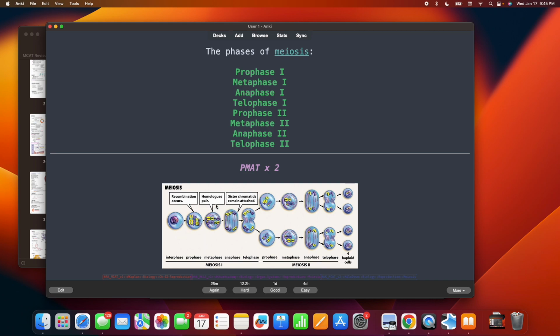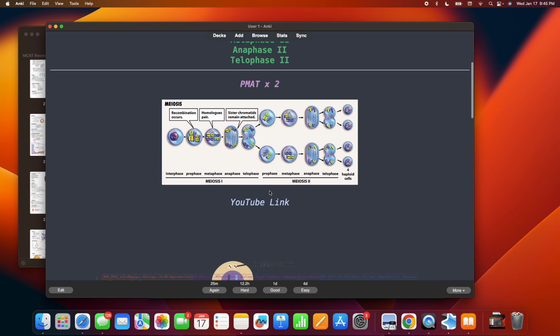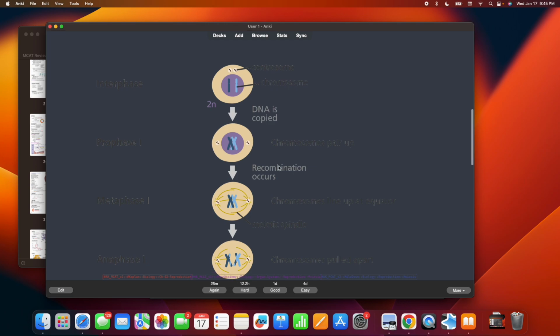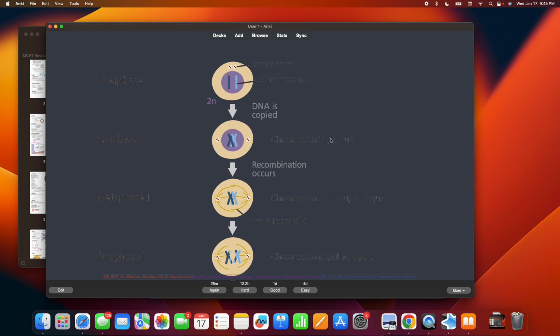Recombination occurs, homologs pair, and sister chromatids remain attached. DNA is copied, 2n.